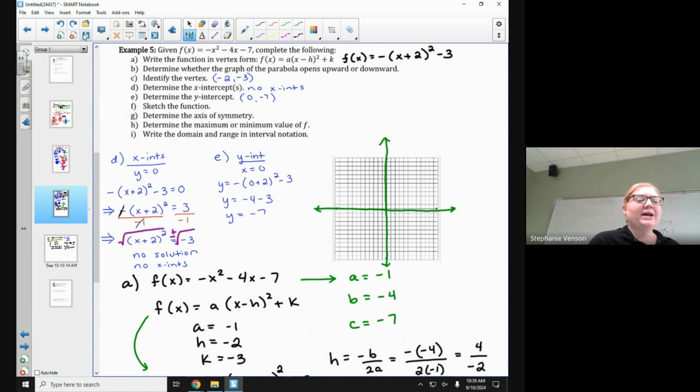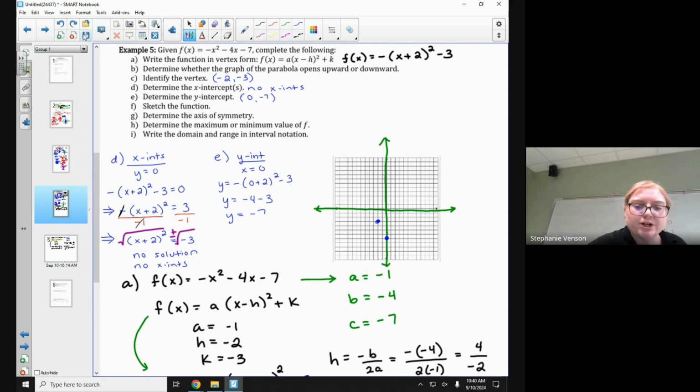How many points do I have right now since I have no x-intercepts? 2. I've got (-2, -3), which is my vertex point. And then I also have (0, -7), which is here, right? But I need at least one other point to draw a parabola.